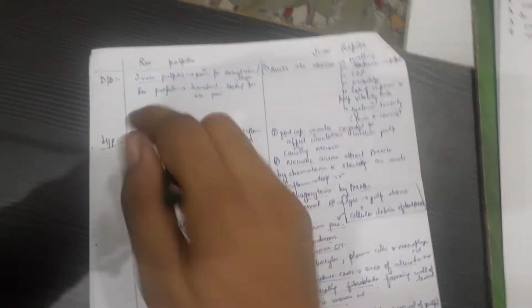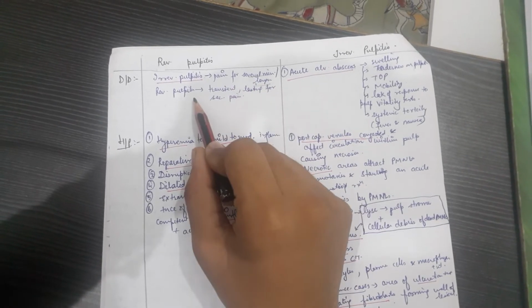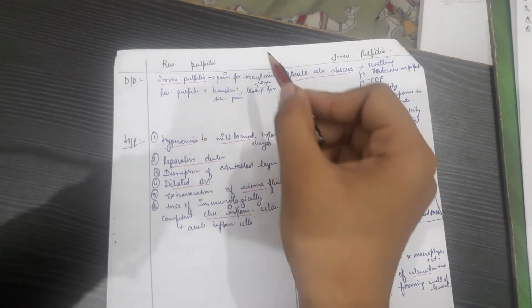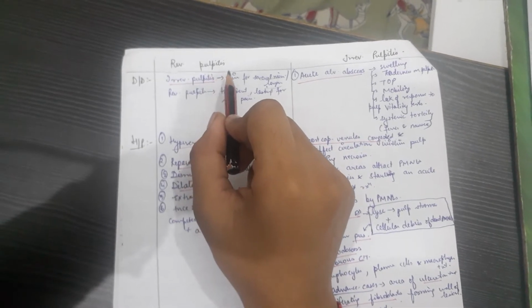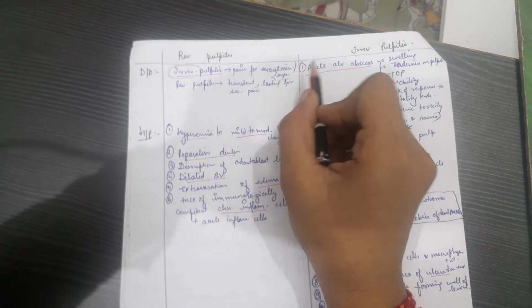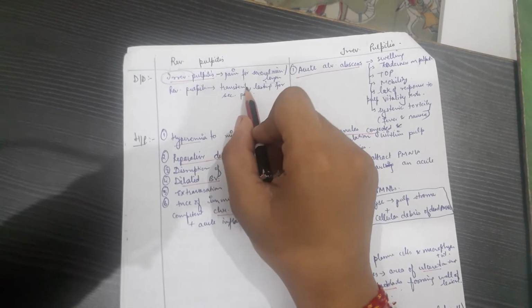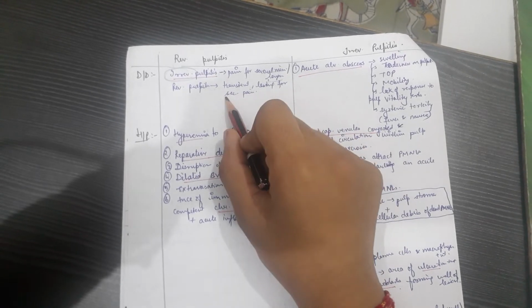Then the differential diagnosis of reversible pulpitis can be irreversible pulpitis if the pain lasts for several minutes or longer. But we know that in reversible pulpitis, the pain lasts for seconds only.